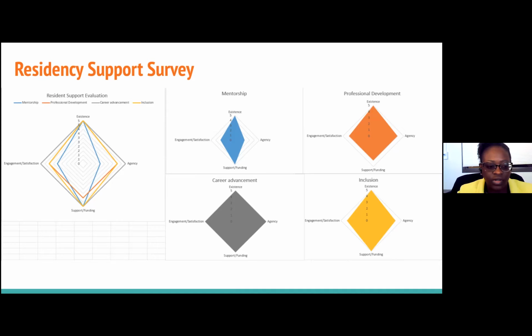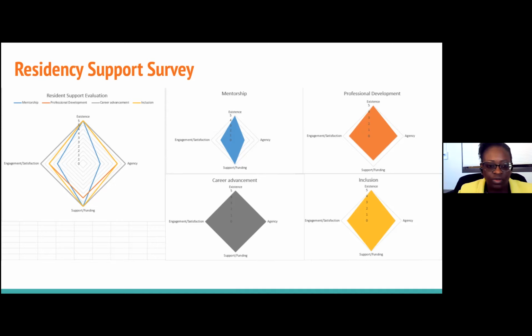So this result sheet contains 5 charts. The first chart displays all factors, so you can compare and contrast them. Then individual charts display a single factor in turn. So if a chart was completely blank, it would indicate that the factor is not present in the residency program.